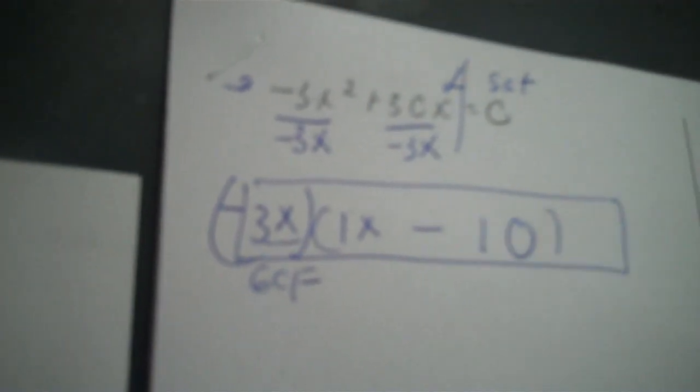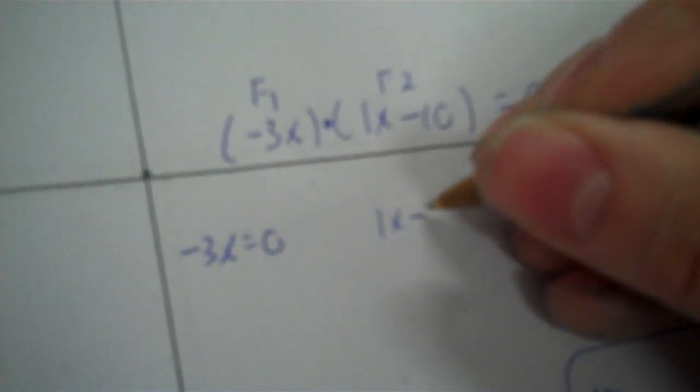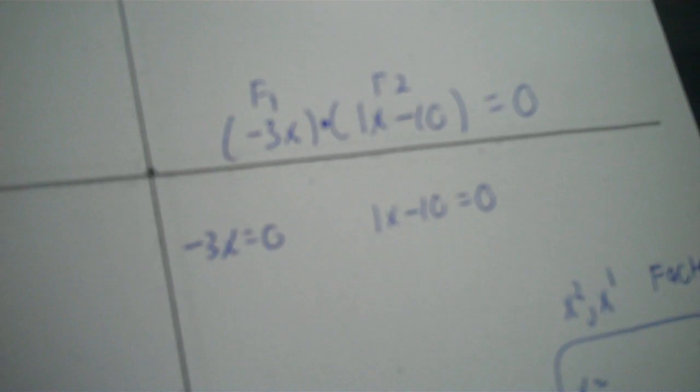Now we line up these parentheses, negative 3x and 1x minus 10. That's our F1 and that's our F2. So F1, negative 3x could equal 0. F2, 1x minus 10 could equal 0.